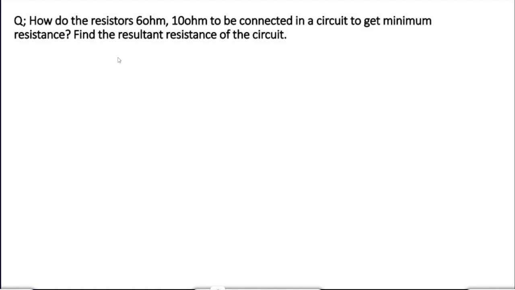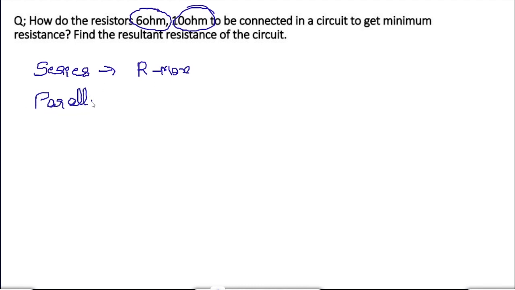How should the resistors 6 ohms and 10 ohms be connected in a circuit to get minimum resistance? Guys, whenever we have this type of question, we need to know that in series combination the resistance is always maximum, and in parallel combination the resistance is minimum.